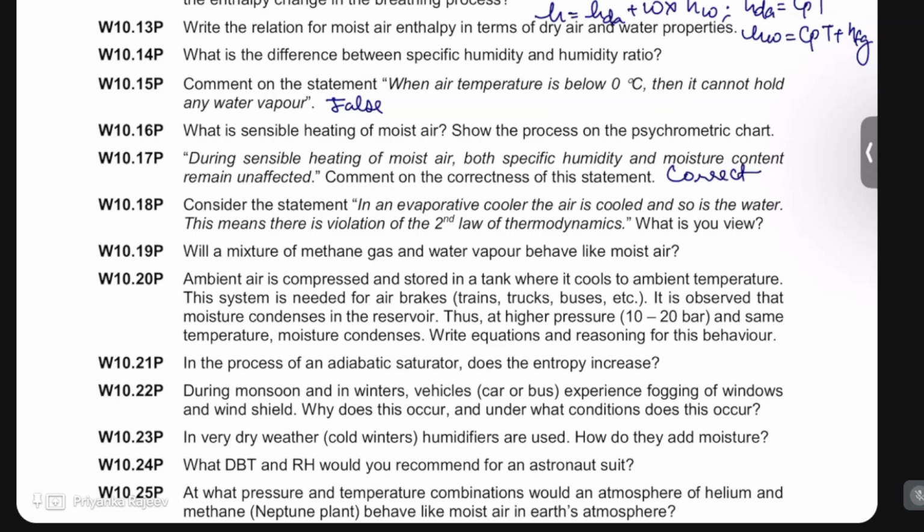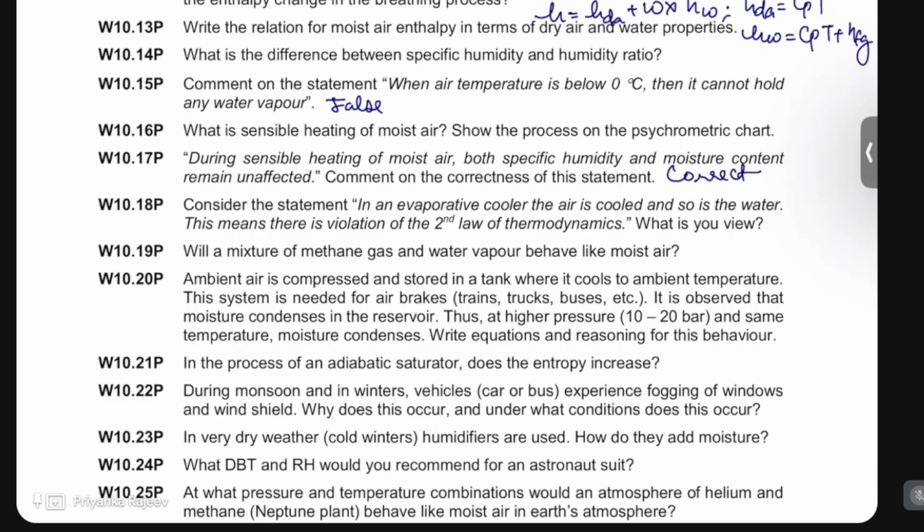Now consider the statement: in an evaporative cooler, the air is cooled and so is the water. This means there is a violation of the second law of thermodynamics. What is your view? Okay, so an evaporative cooler cools air and water.